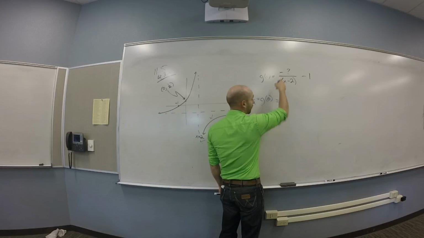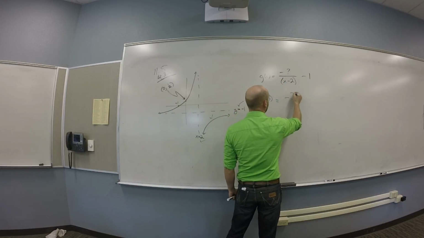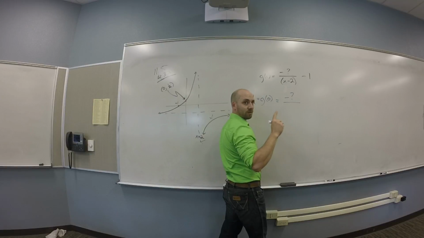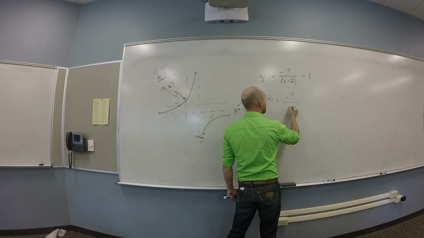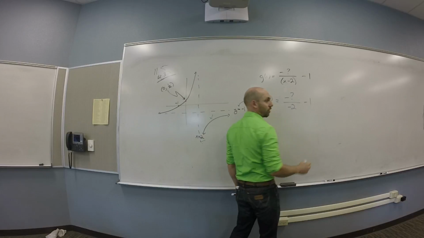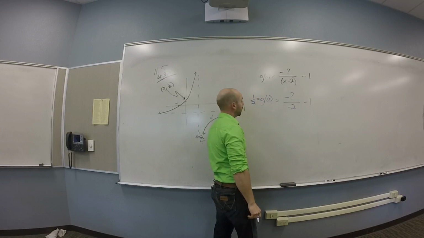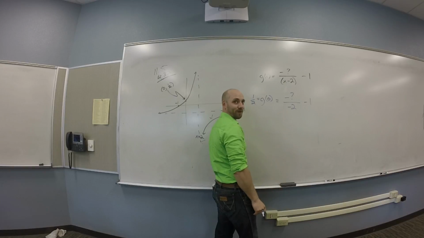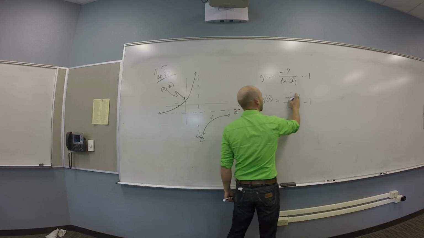So let me plug 0 into this. I got minus, I don't know, over 0 minus 2. 0 minus 2 is -2, and then -1. Would it make more sense if I put something other than a question mark there? What minus 1 is 1/2?